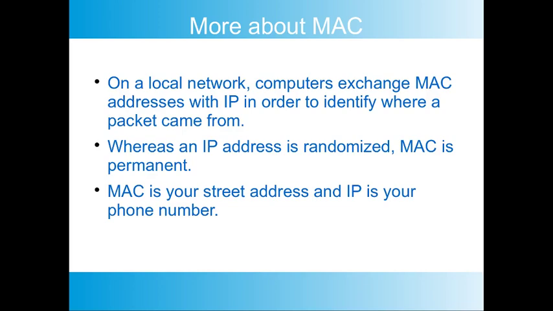At the same house, your house number is the same. It's always going to be whatever's assigned. And then your IP is like your phone number. You can change your phone numbers multiple times. It's just that your address is always going to stay the same.